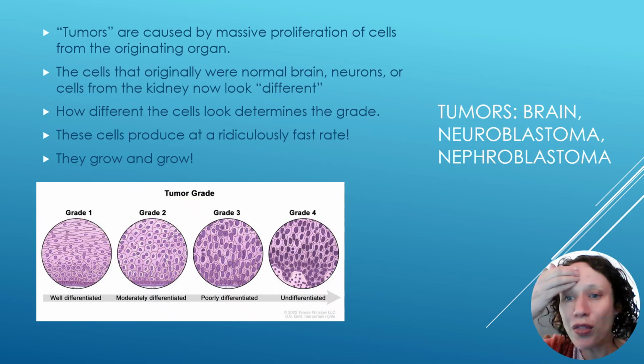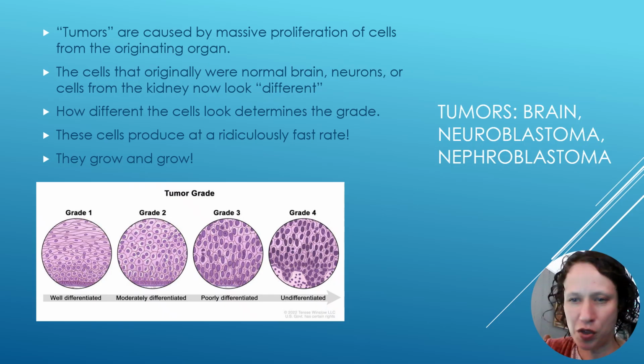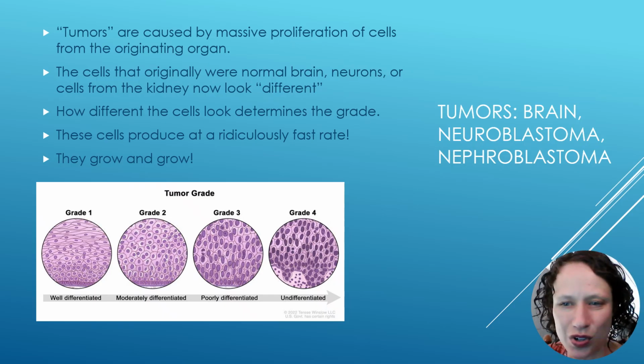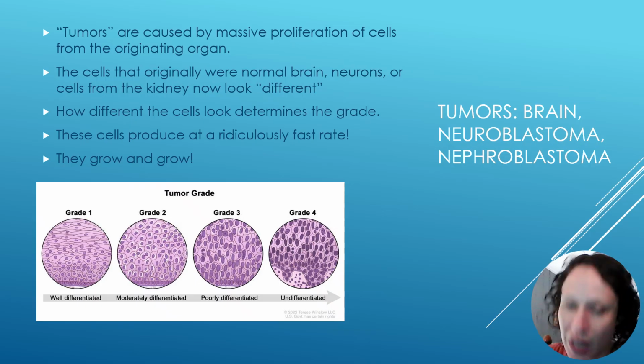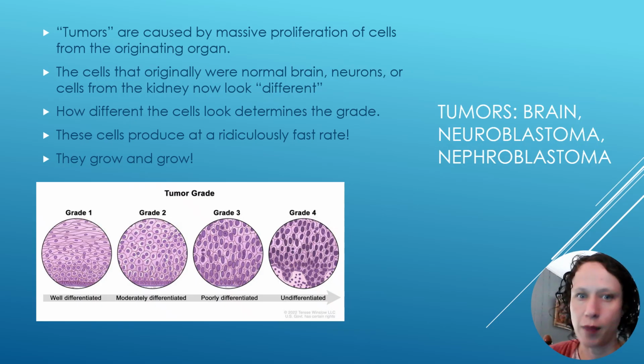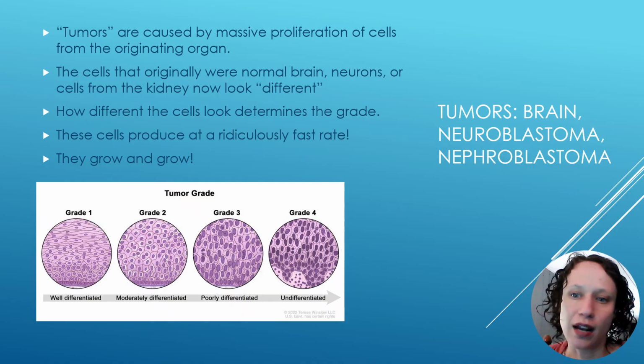So we can tell that it was the original cell when we're looking at it under the microscope, but obviously it's not the original cell anymore. It's changed. It's mutated, right? You can see it with skin cells. It's harder to imagine when it's in your brain or your nervous system or your kidneys, which are the three that we're talking about, okay? So that's what we mean when we say differentiated.